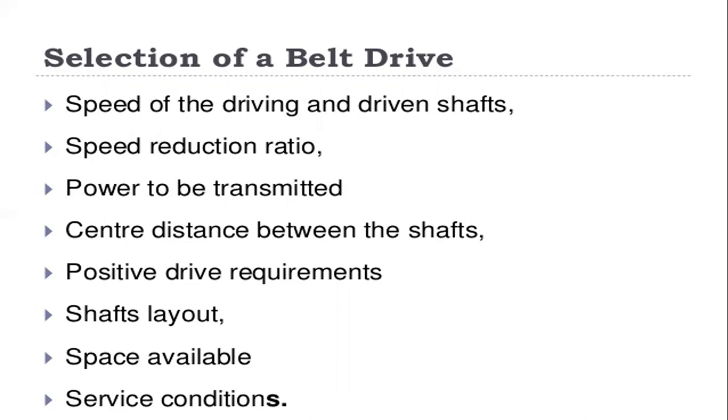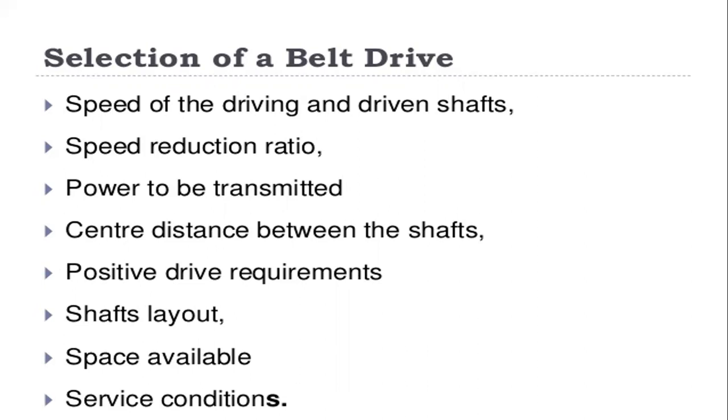Next, second one is the speed reduction ratio. The speed reduction ratio is one of the considerations when we are going to select belt drives. Next one is the power to be transmitted.